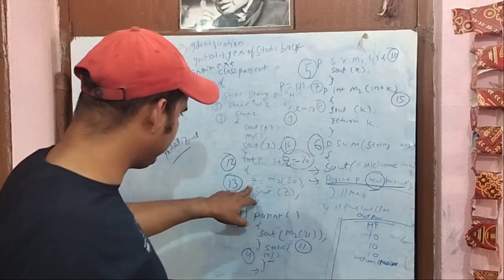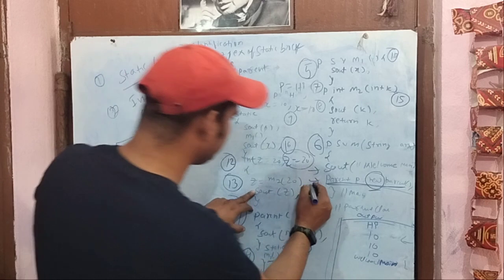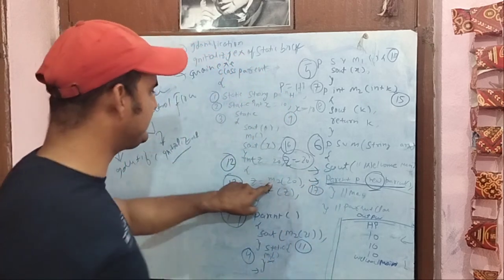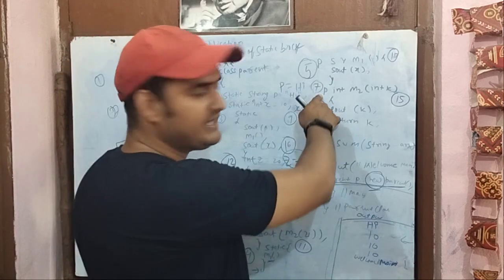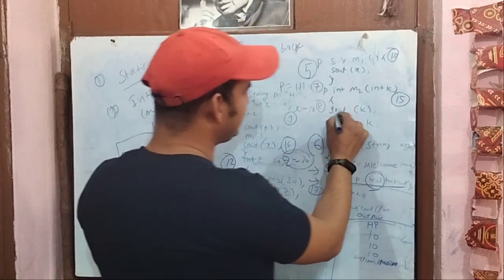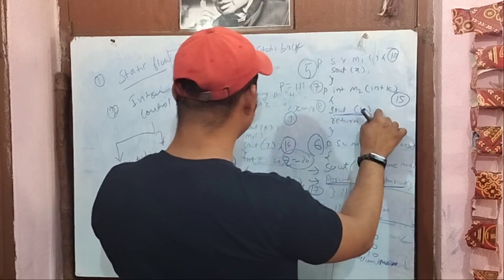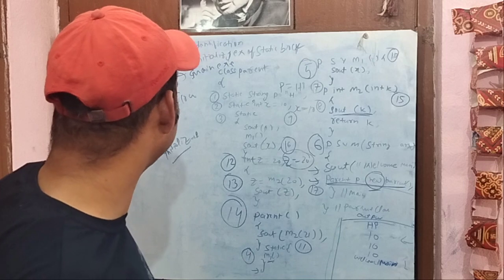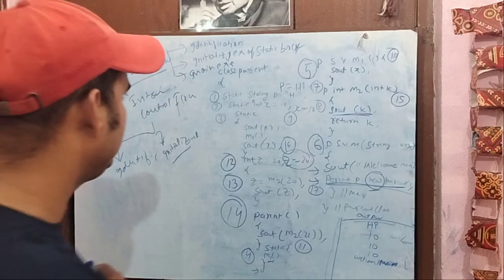Now coming to the next line, this is the instance block, so it will be executed. In the first line we have called the m2 method. You can see m2 is an instance method we found earlier. So control will go here, and here you can see System.out.println of k.